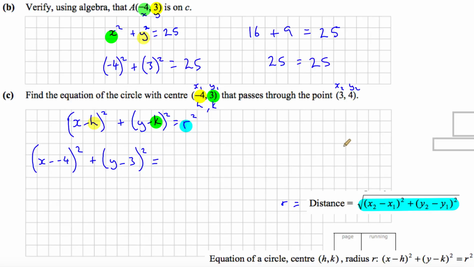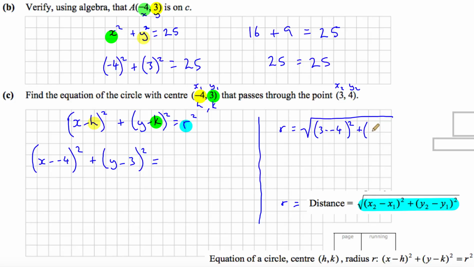So let's figure out the radius over here. The distance formula, the radius, is going to be equal to the square root of x2, which is 3, minus x1, which is -4, all squared.